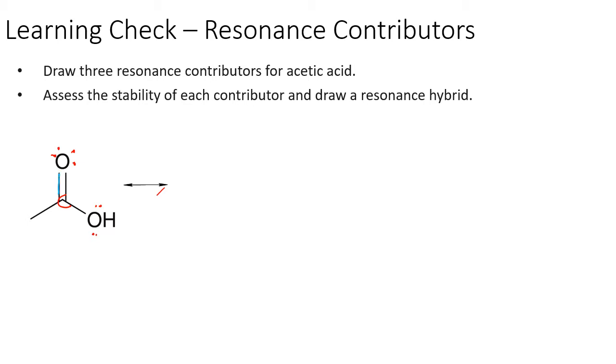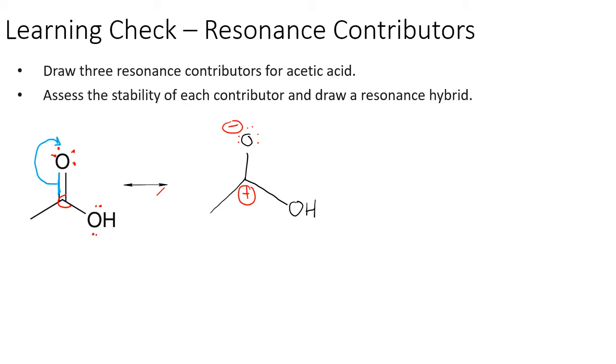So if we take these electrons right here and we push them up here, that would be separating the charges there. So our structure then would be, we would have 3 lone pairs on our oxygen, negative formal charge. We now have a carbocation, an electron deficient carbon, so we would have separated that charge there.